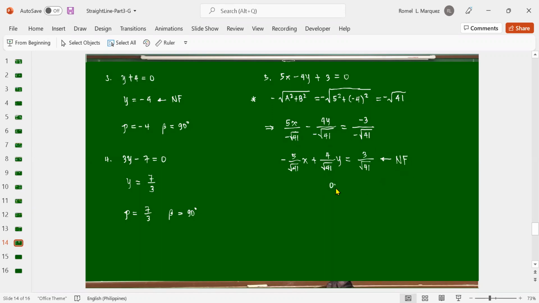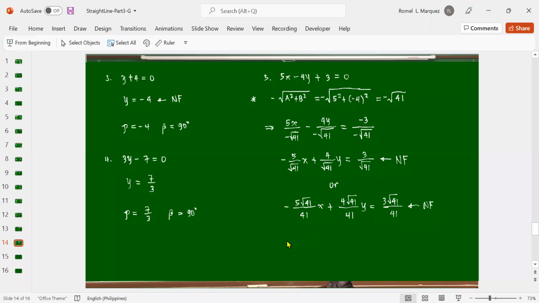Or negative 5 square root of 41 over 41 x plus 4 square root of 41 over 41 y equals 3 square root of 41 over 41.